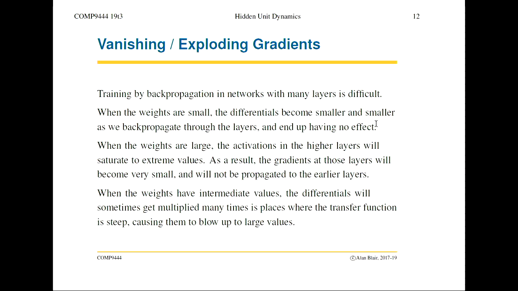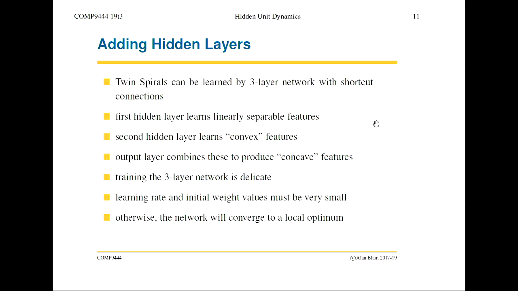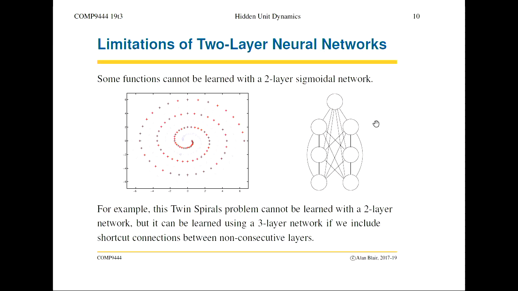Normally, if you try to learn a serious task and you've got more than 2 layers, gradient descent kind of fails. I guess it fails because it falls into a local minimum, but to be more specific, you get what's known as the problem of vanishing or exploding gradients.